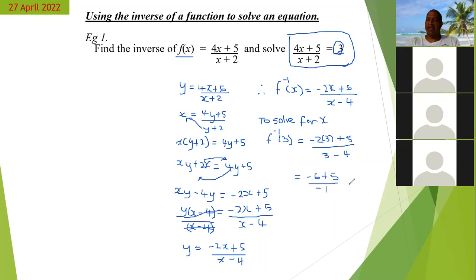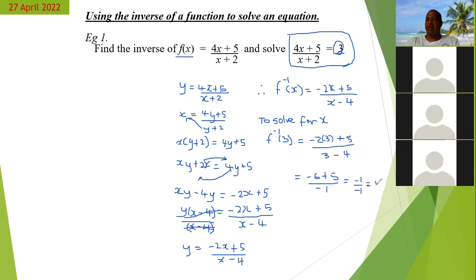So you have negative 1 in the denominator. Now the numerator, you owe 6 and you have 5. You pay back 5 and you still owe 1. So it's negative 1 over negative 1, and that works out to be positive 1.